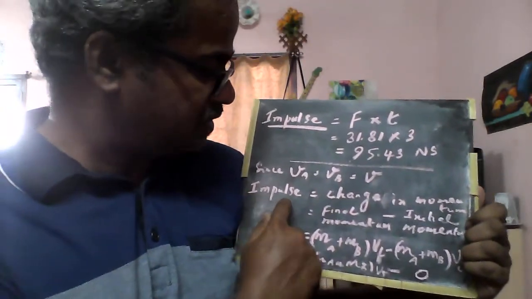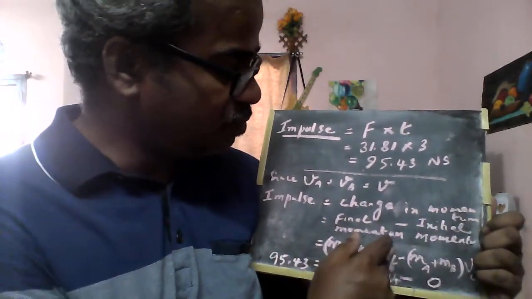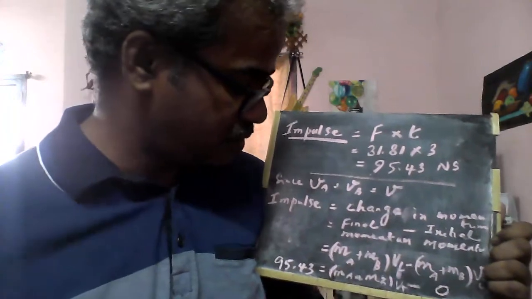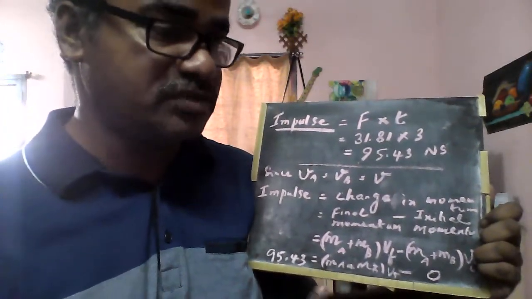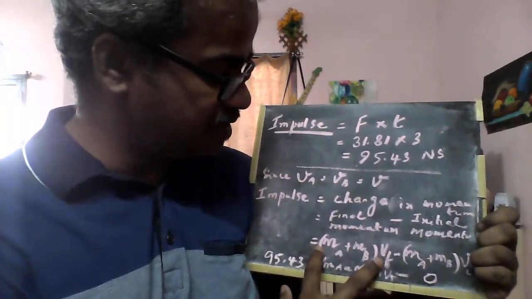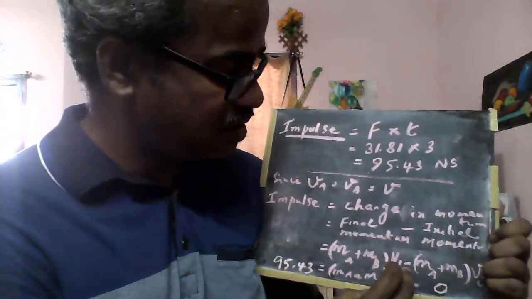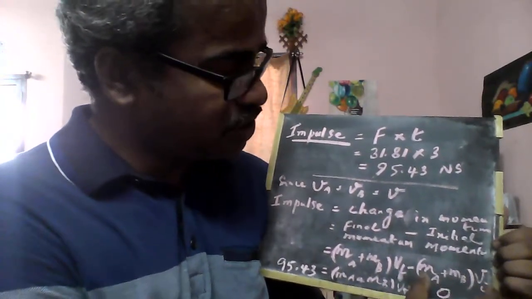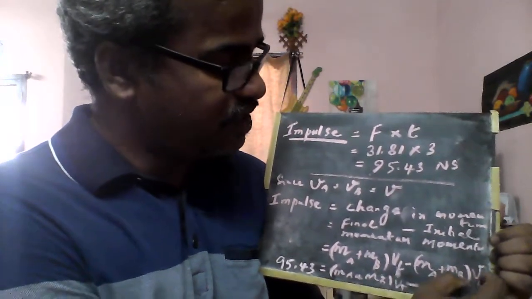Impulse is equal to change in momentum, that is final momentum minus initial momentum. Final momentum will be (MA plus MB), the masses of both bodies added, into VF, the final velocity, minus the initial momentum, (MA plus MB) into V initial.